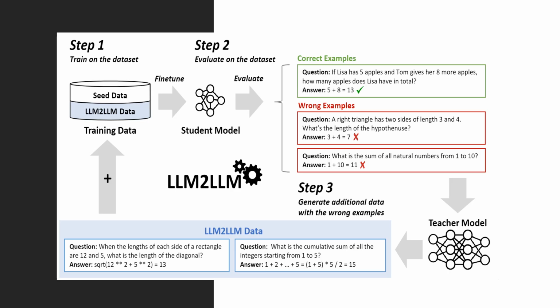There is a clear overview of how the dataset works in training: seed data, LLM2LLM data, then fine-tune, then evaluate, and then the training data. It's like a student-teacher model, teacher model to student. Step 3 is to generate additional data from wrong examples. So the model also learns from the wrong examples and should generate the correct answer.